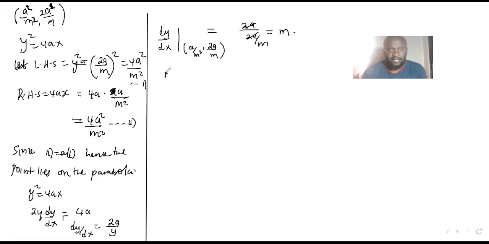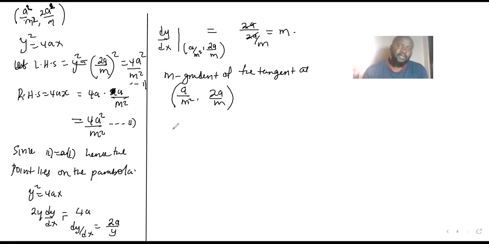And this is the gradient of the tangent, where at a over m squared, 2a over m. So if that is the point where the gradient is, then y minus 2a over m out of x minus a over m squared is equal to m.